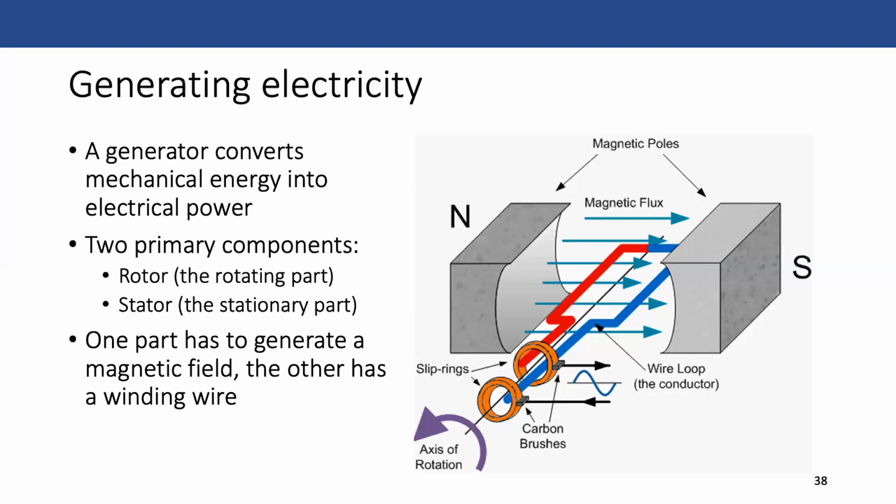Basically, this particular configuration is a way of taking advantage of that principle. In this case, you're holding the magnet fixed and spinning a wire, and that's what's creating electricity.